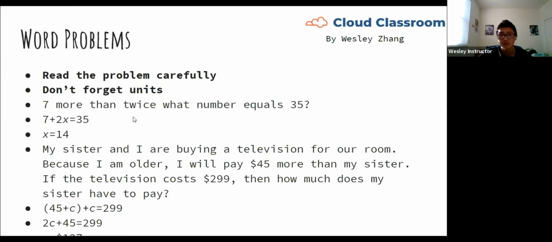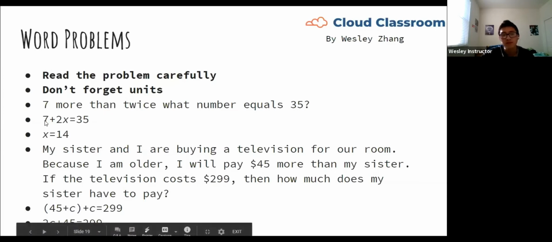That's just 2 times a variable, which is x. So 7 plus 2x equals 35. As you see here, equals, that's the equal sign, and 35. To know where you need to put the equal sign, just look for the word equals or is equal to. That's where you put the equal sign.